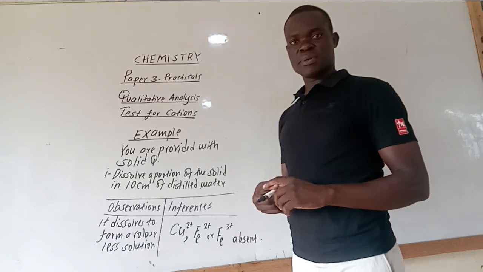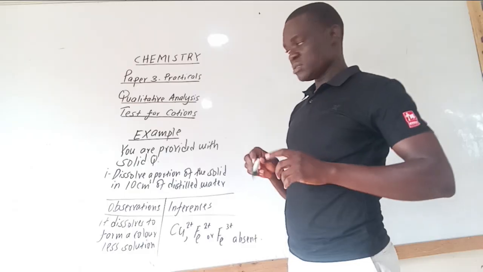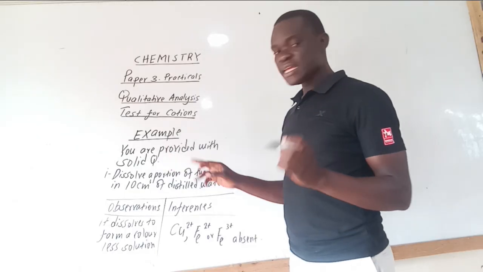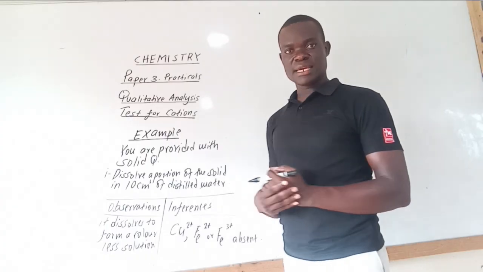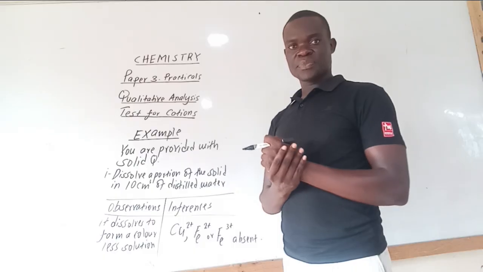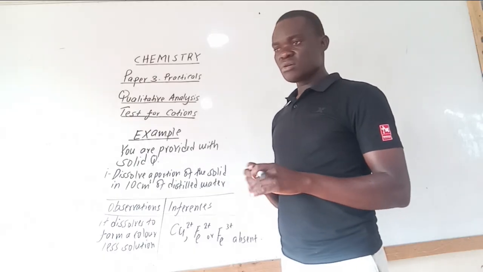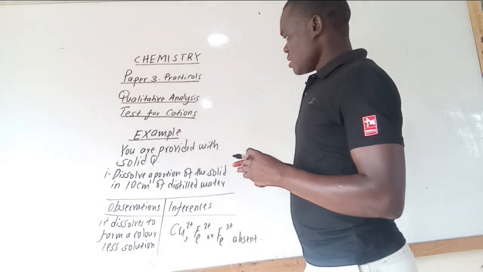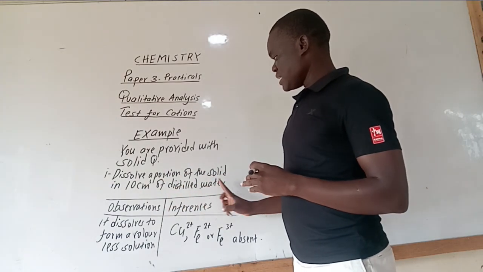So, for example, let's look at this question. You are provided with solid Q, and we are required to dissolve a portion of the solid in 10 cubic centimeters of distilled water.